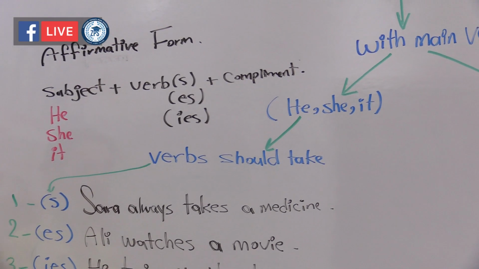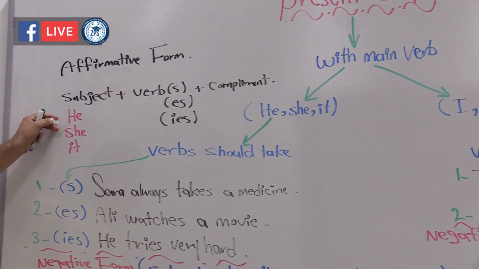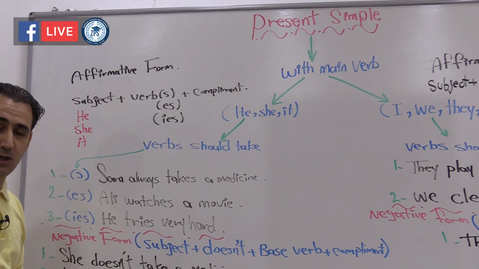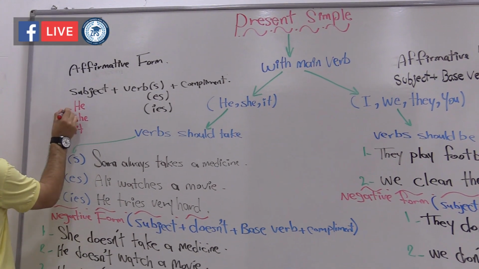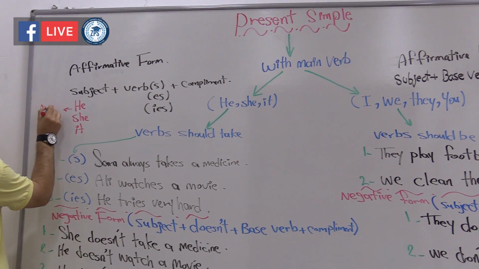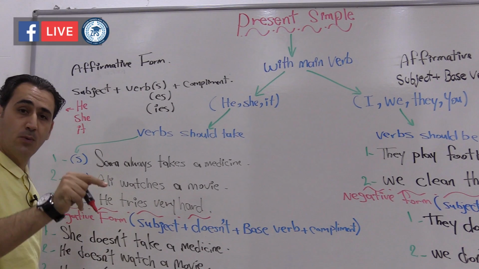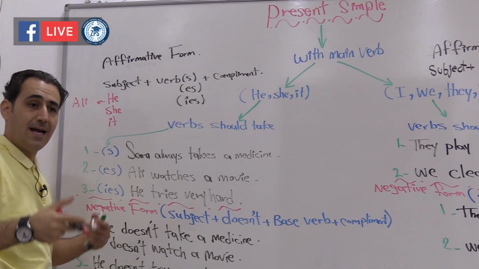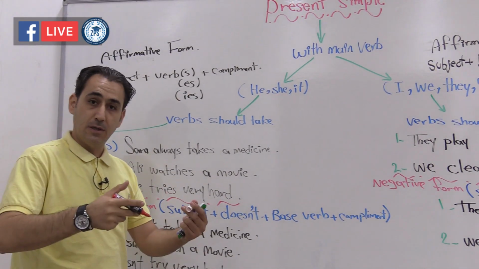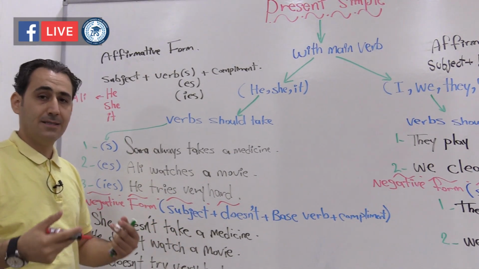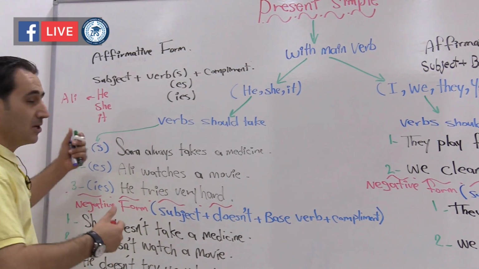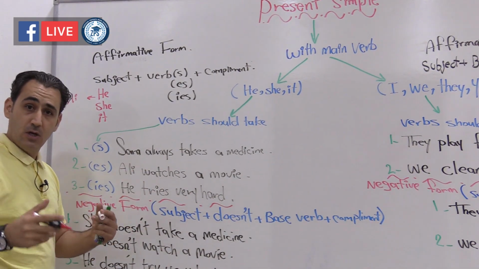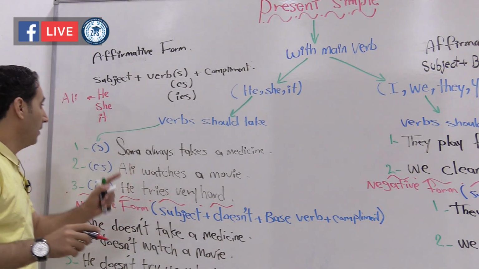Dear students, before using the pronoun, we should use the subject, like Ali. First, we should refer to the noun, like Ali. When I say Ali is a good student, after that I can say he. He is a good student. But first, I should refer to the noun.